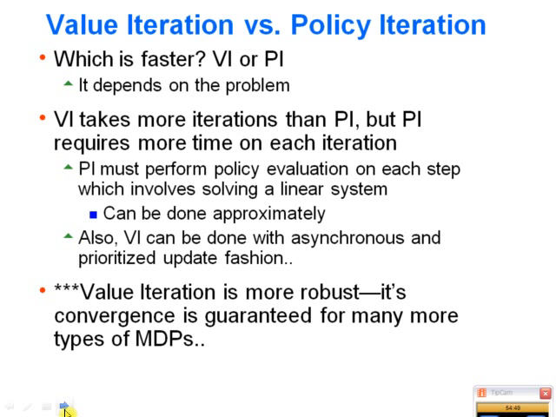So value iteration versus policy iteration, which is faster? It depends. Even though it looks as if it shouldn't depend, it should be that policy iteration always wins. The problem is policy iteration has fewer iterations, but each iteration is quite costly because you have to solve a huge number of linear equations. You forgot about that.